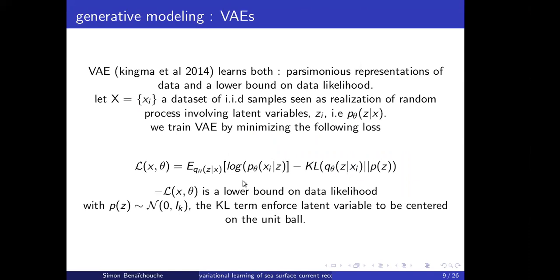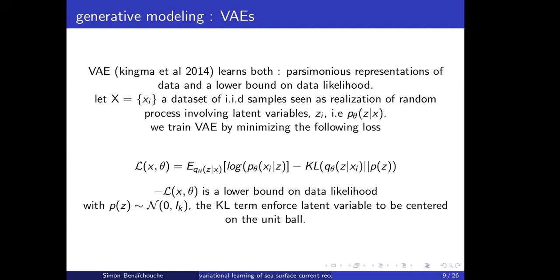So the first term in those equations is only the reconstruction term, the classical reconstruction term you have in an autoencoder. This loss is also a lower bound on the data likelihood. We can demonstrate that result easily using Jensen's inequality, if you're curious.